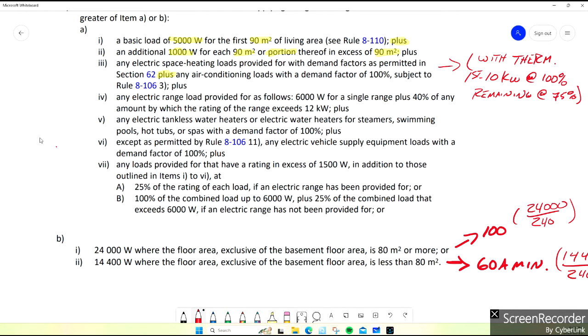But I just want to point out one thing here. Electric tankless water heater is not to be confused with an electric water heater that sits in your basement, a tank that's maintained to keep hot, like a gas water heater. A tankless water heater, from what I understand, is the instant on-demand type.